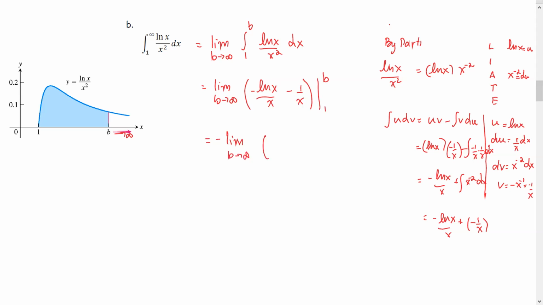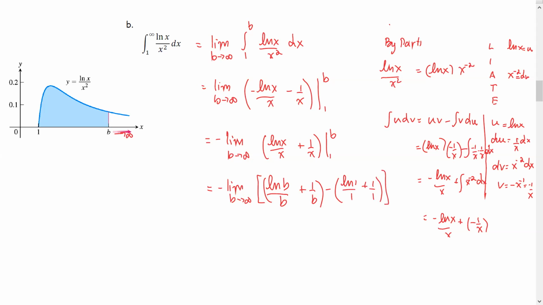And then the inside of the parenthesis becomes natural log x over x plus 1 over x from 1 to b. Take the limit as b approaches infinity. For the upper limit, we have natural log of b divided by b plus 1 over b, subtracted by the quantity from substituting the lower limit, which is natural log 1 divided by 1 plus 1 over 1. Natural log 1 is 0.